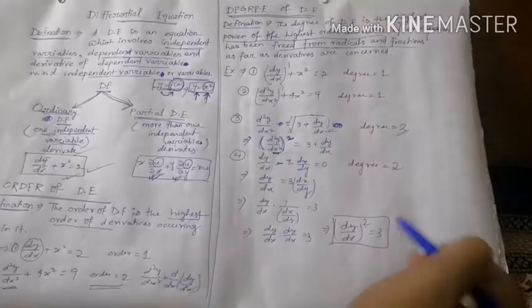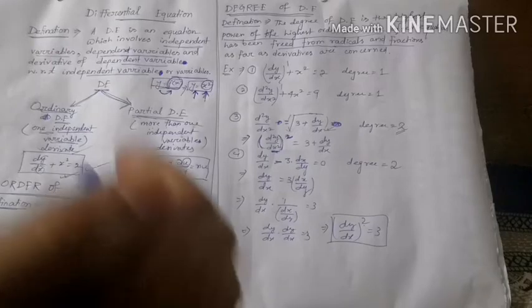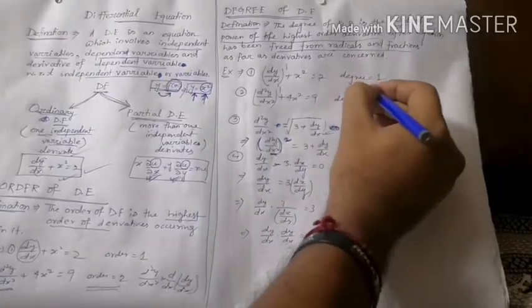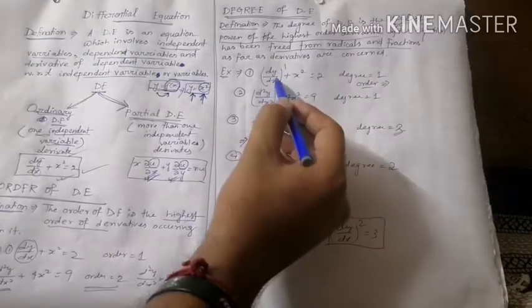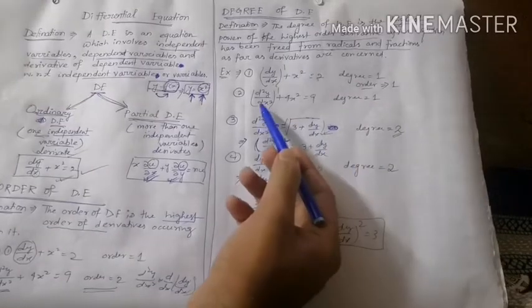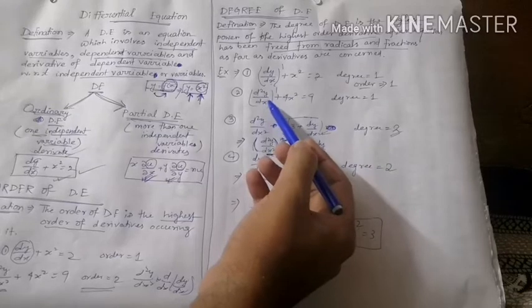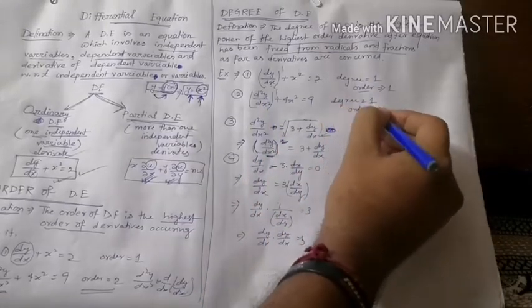In all four cases we also mention the degree with the orders. In the first case, the highest order derivative is 1, so the order is 1. In the second case, the highest power is 1, but the highest order of derivative is 2, so the order is 2.